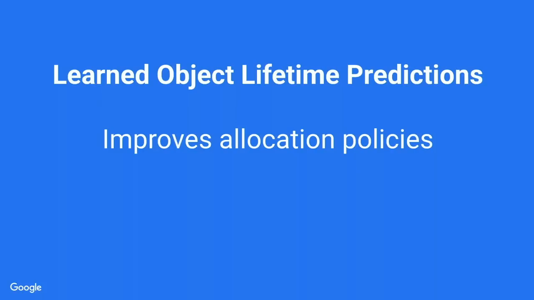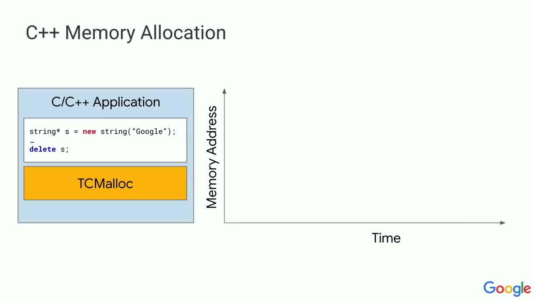Another area where we've seen some impact and some pretty promising results is in various kinds of allocation policies. So learned object lifetime prediction improves allocation policies. Here you have a typical C++ memory allocator like malloc or tcmalloc. You allocate some memory, and then you get some object, a string here, and then you're going to delete it at some point.